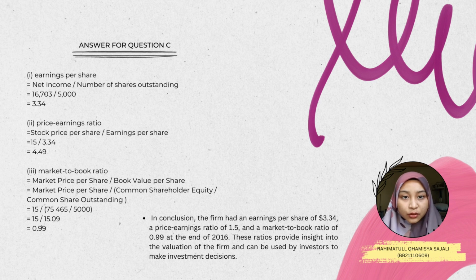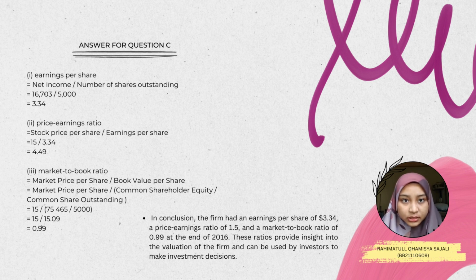For the market to book ratio, the formula is market price per share divided with book value per share equal to market price per share divided with common shareholder equity or common share outstanding equal to 50 divided with 465,000 divided with 5,000 equal to 15 divided with 15.09 equal to 0.99.